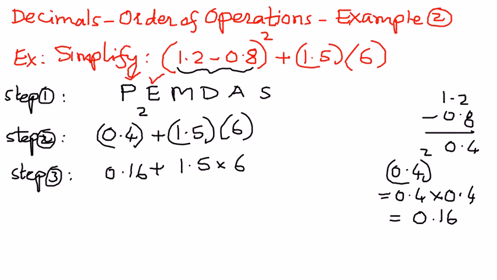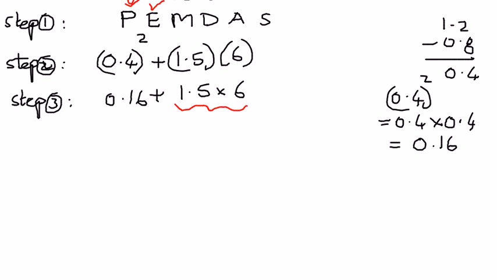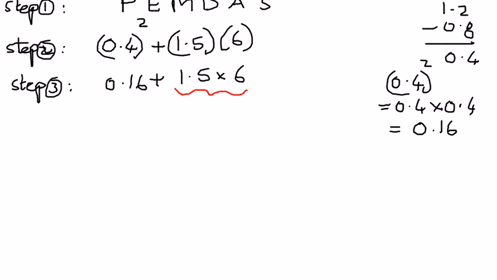The next operation in the order of operation is multiplication. Do we have any multiplication to be performed? Yes, the multiplication to be performed is 1.5 times 6. So let's do that. As step number 4, we come back here and say 0.16 is what we have, and we go to the margin and say 1.5 times 6.